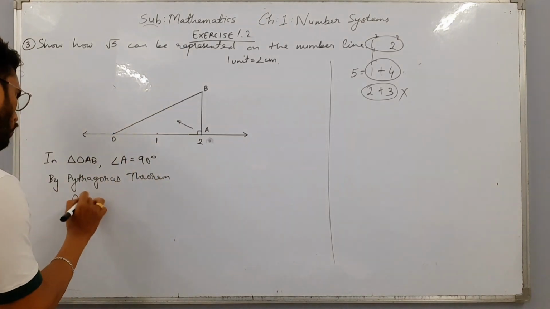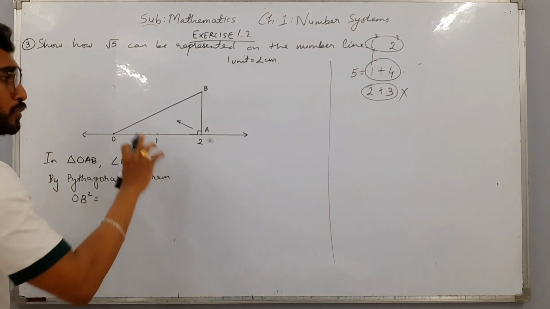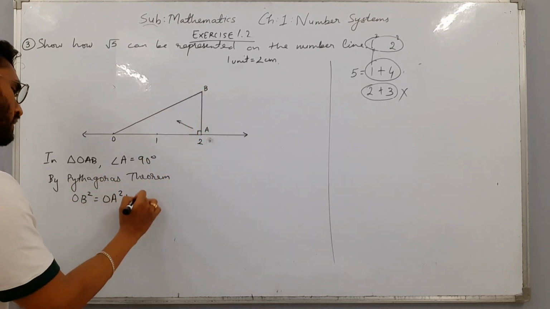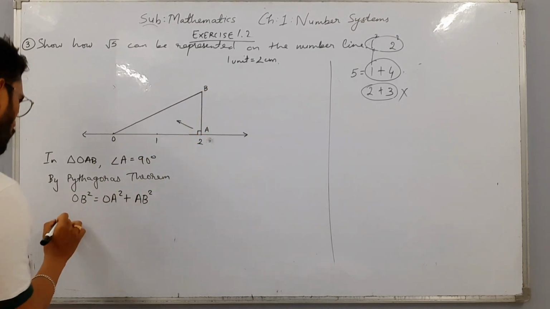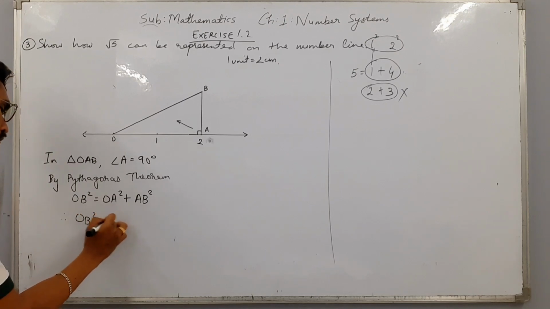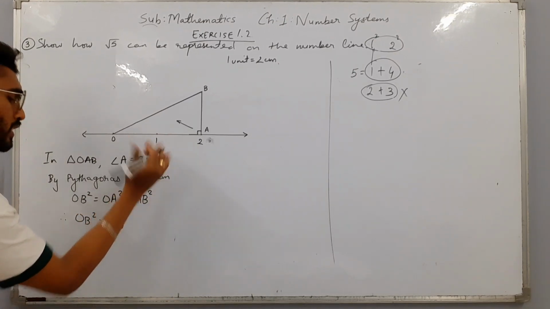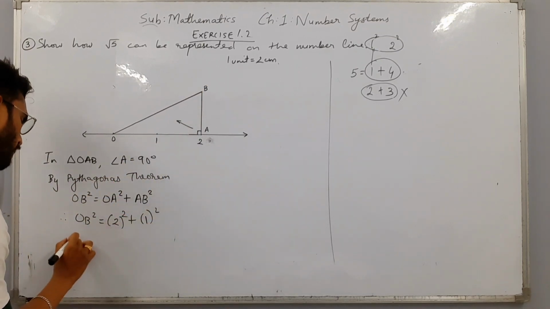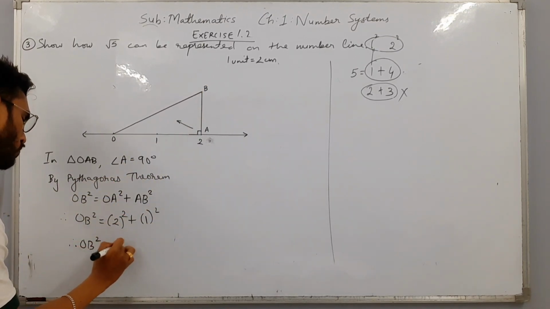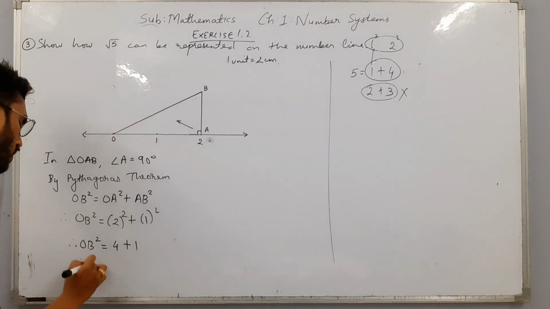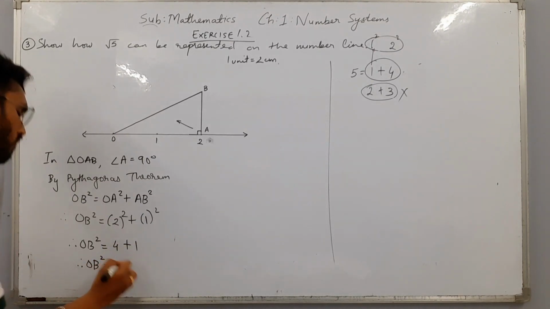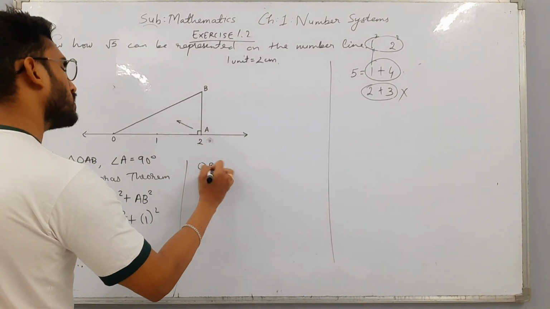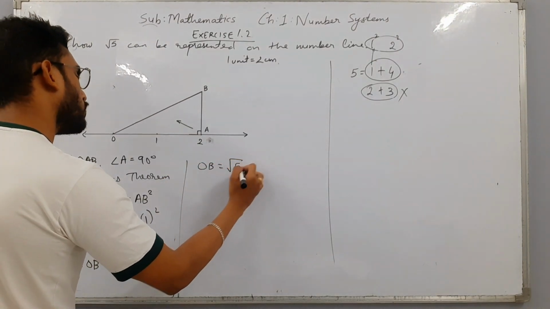So we'll write OB square equals OA square plus AB square. Putting the value of OA as 2 units, 2 square, AB is 1 unit, 1 square, and we know that 2 square is 4, 1 square is 1, so OB square equals 5. To remove the square, we take the root on the other side, we get root 5.